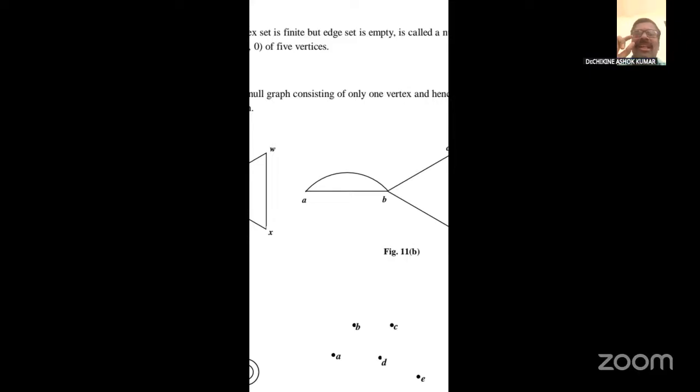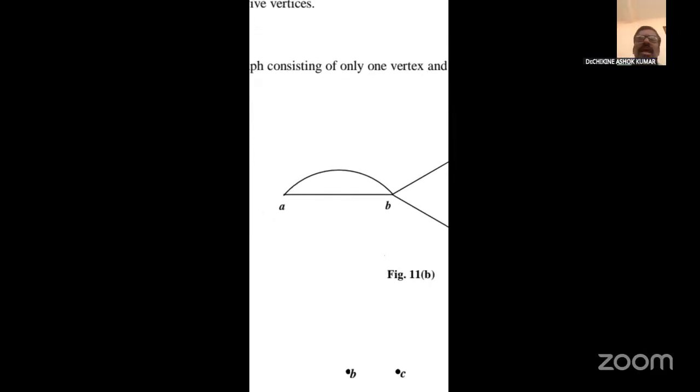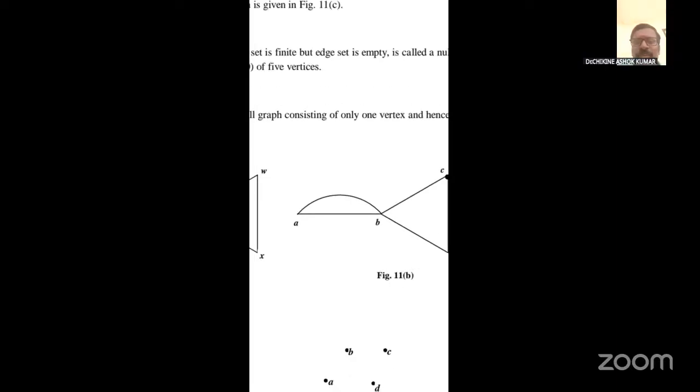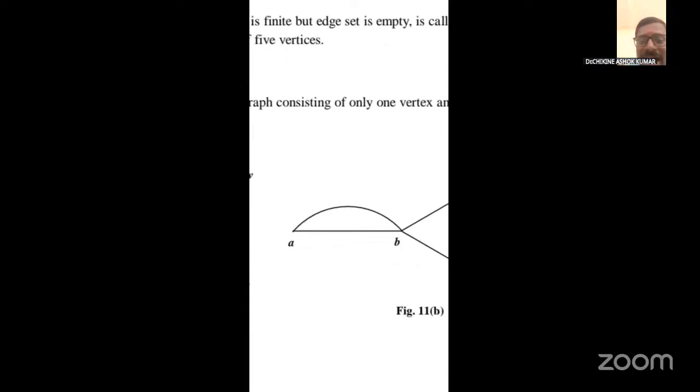I will explain what multiple edges are. In this figure 11b, A and B are two vertices. Is it clear? For these two vertices, we have two different edges. One is A to B, and one more edge is drawn in a half moon shape. This is another edge.